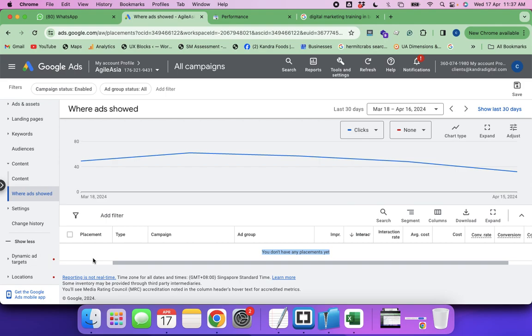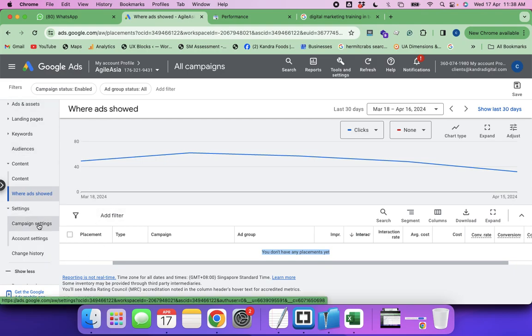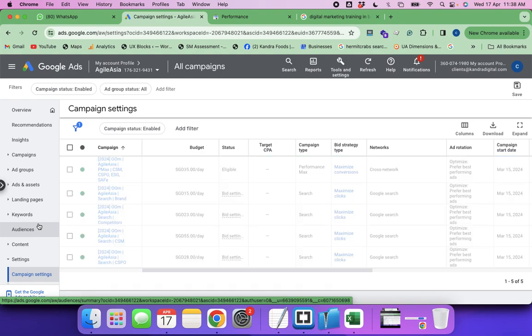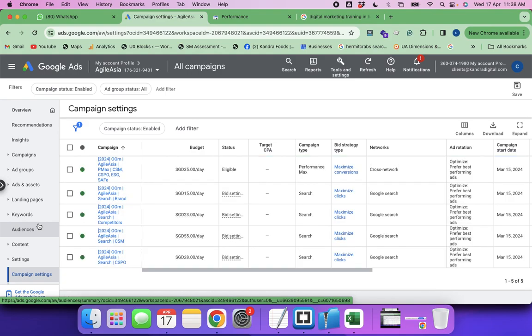But this account does not have the placement targeting and hence there is no data here. But it's quite simple to understand. It just displays the same information like how you see under campaigns. Your campaign will have various kinds of settings such as the start date, end date, which time of the day you want to show the ads, and the targeting, which country, which region.